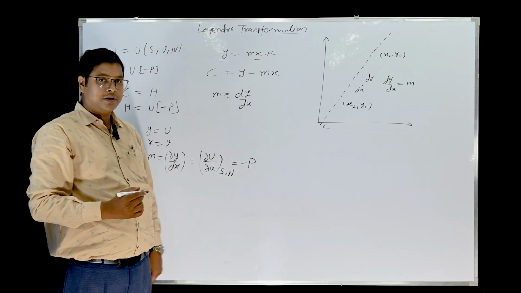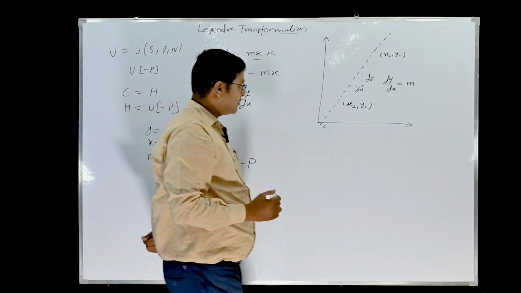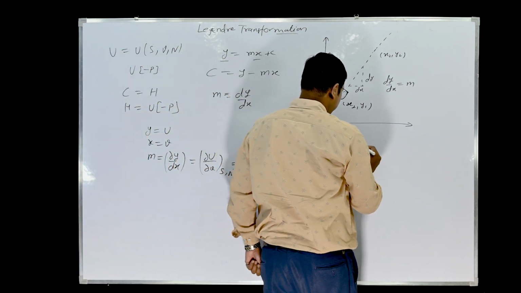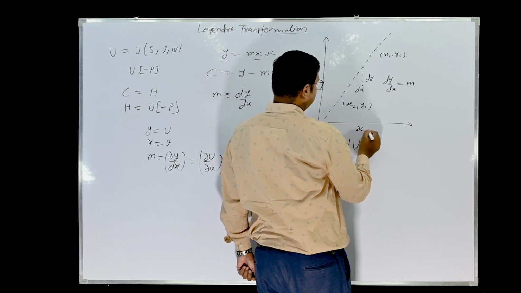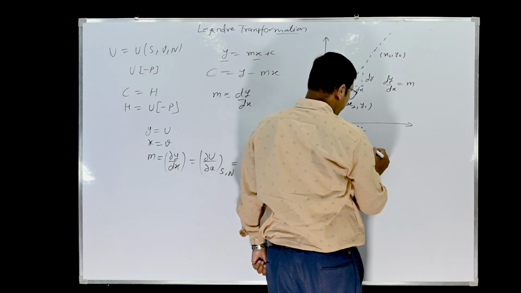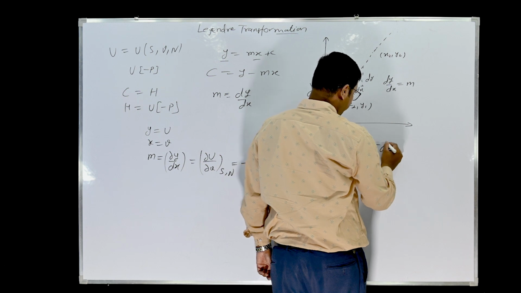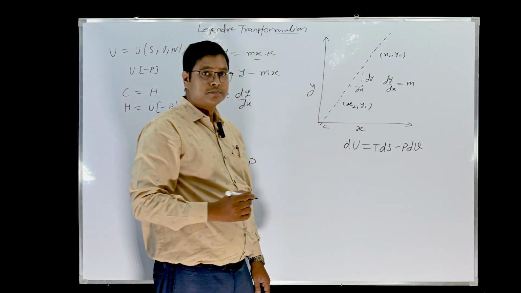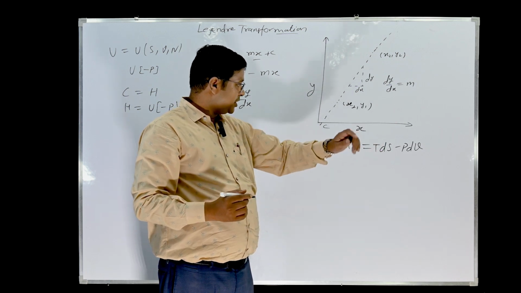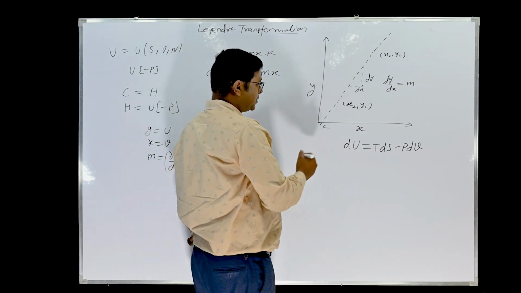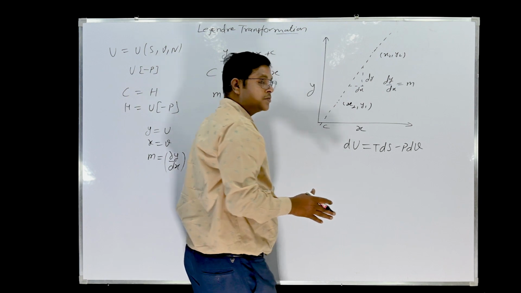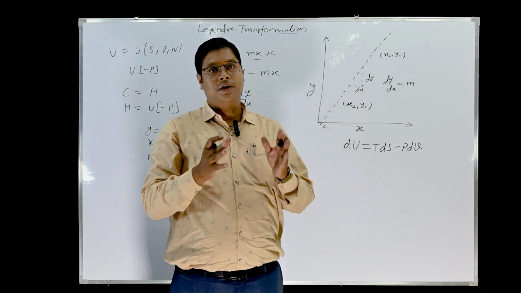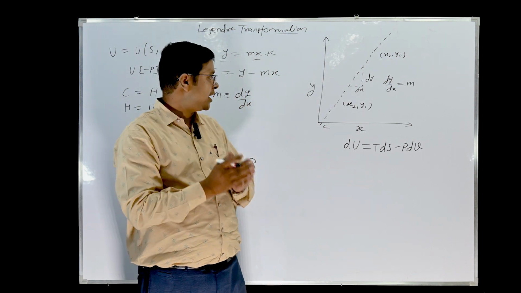How does this minus P come? We know the equation dU is equal to TdS minus PdV. This is the outcome of the combination of the first, second and third laws of thermodynamics.